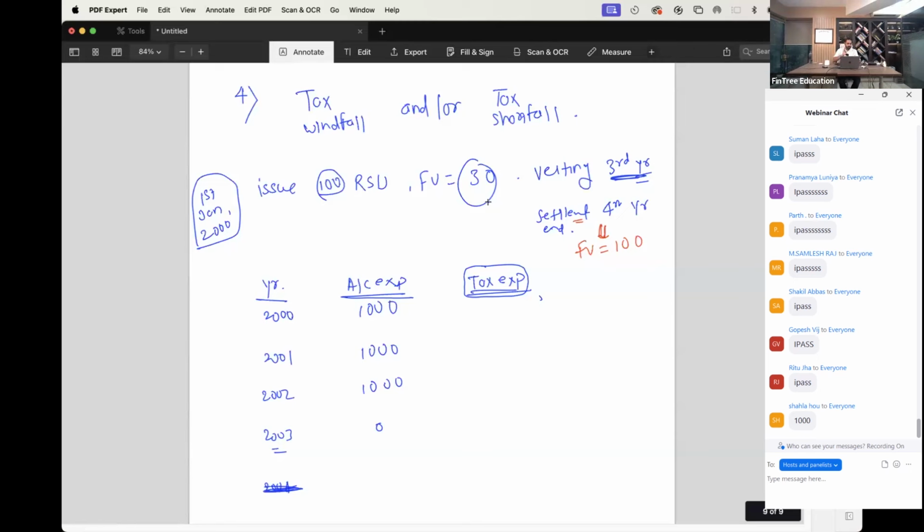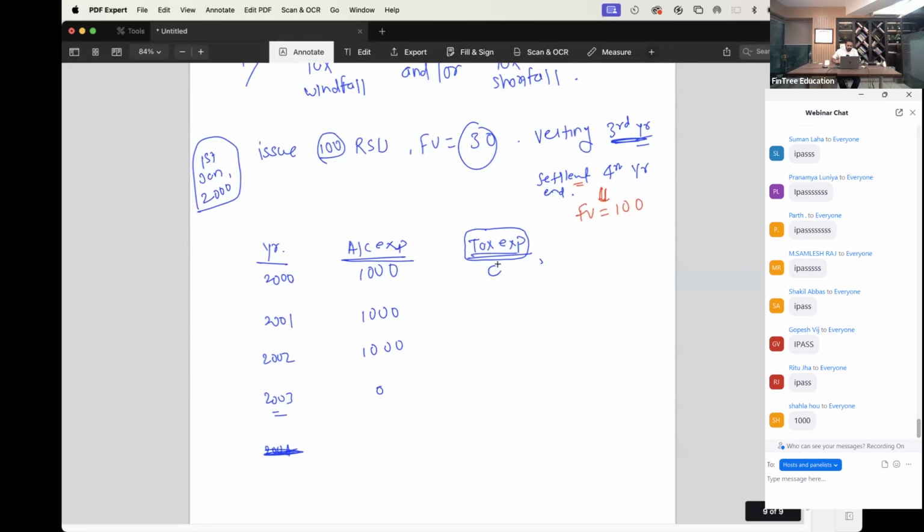Therefore, you're showing expense of 1,000, but the shares are not given to the employee yet. So as a tax authority, I'm not going to allow you to take the benefit of some expense that's not happened in reality yet. It's just khayali pulav, right? It's just the accountant's imagination.